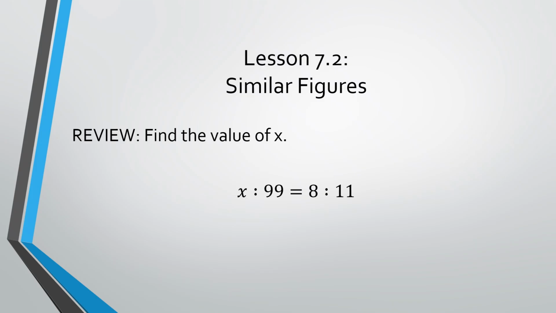If your answer is x is equal to 72, then you are correct, because you have to multiply 99 times 8 equals 11 times x. And if you solve this, x is equal to 72. I hope that you get this ratio and proportion.